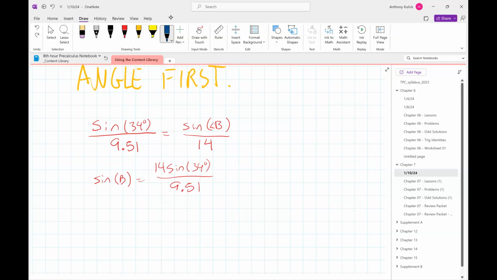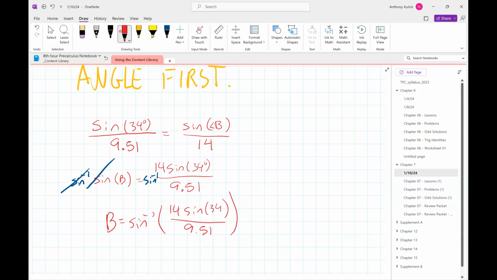Who remembers? Yeah, sine inverse. So we just do sine inverse to both sides. So we get B is equal to sine inverse of 14 sine 34 over 9.51.